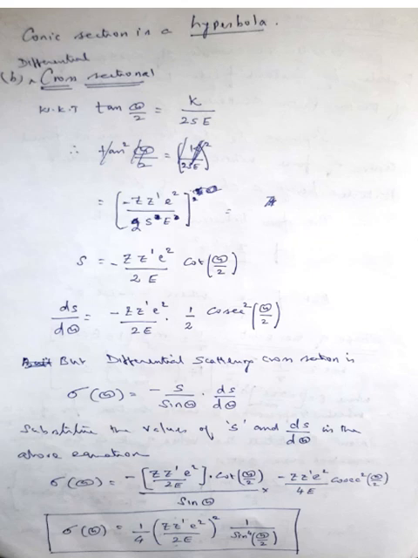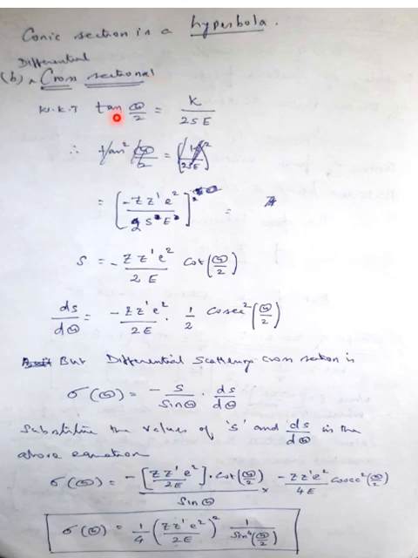Substitute the value of K here: minus Z dash E square divided by 2S into E, or S is equal to minus Z dash E square by 2E cot theta by 2. Differentiate this equation: ds by d theta is equal to minus Z dash E square by 2E into 1 by 2 cot theta. When differentiating, you will get cosecant square theta by 2.